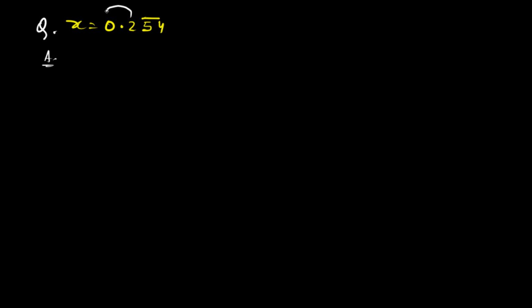To bring the 2 to this side, we just need to multiply by 10. So 10x equals 2.54 bar. Now I can do it by multiplying by some number and so on. So this is the expanded form.